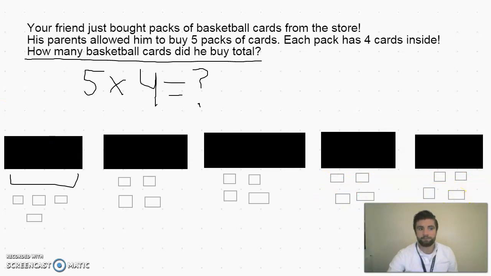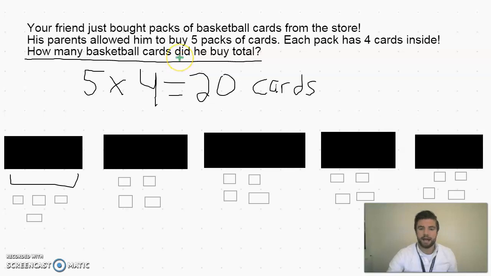Guess what? We have 20 cards total. And in a word problem, make sure that you label your answer. So I say 20 cards.